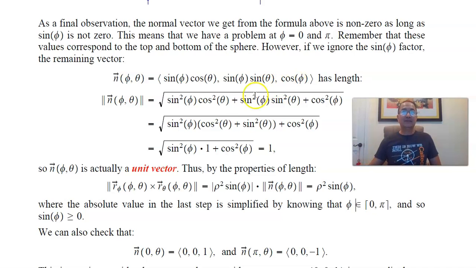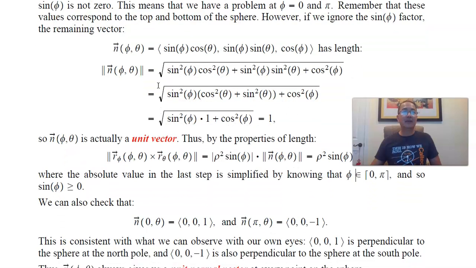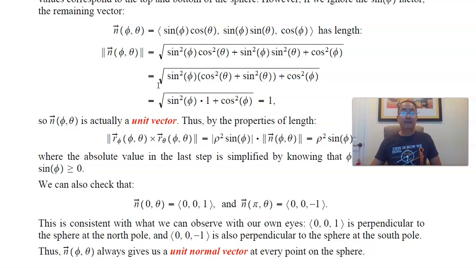So if we go to that unit normal vector and plug in 0 and pi, we don't get the zero vector, because of course we're supposed to get a unit vector. If we plug in 0, the north pole, that vector is 0, 0, 1. Plug in pi, and you'll get 0, 0, negative 1.